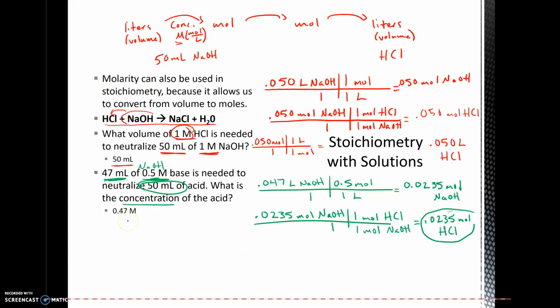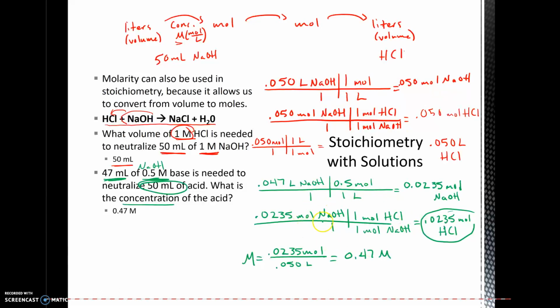Molarity is in moles per liter, so we're going to take our 0.0235 moles and put it over 0.050 liters, and that should give us a concentration of 0.47 molar, or moles per liter.